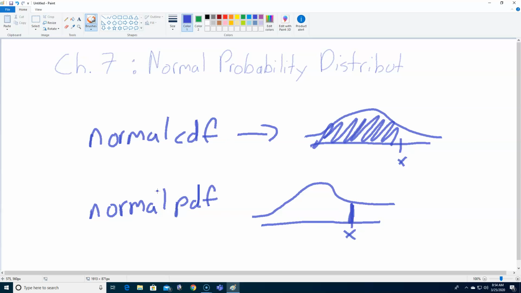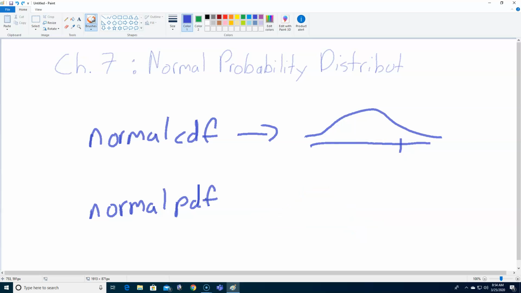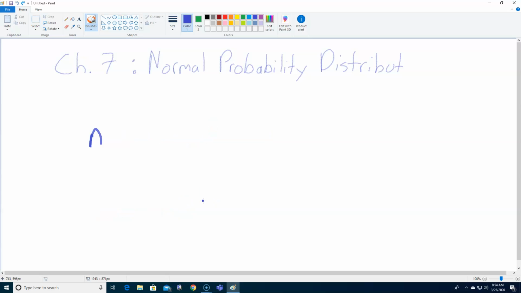And then the last thing we need to talk about is the empirical rule. Okay. Empirical rule.